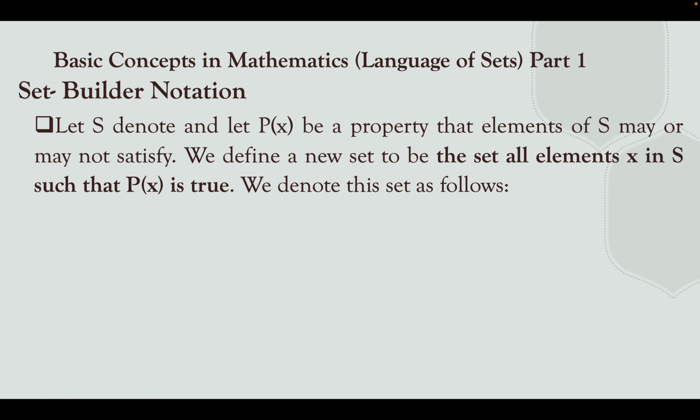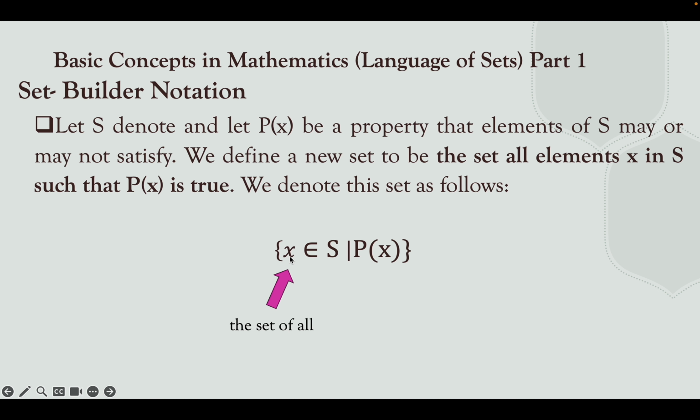So we have here, let S denote a set and let P of X be a property that an element of S may or may not satisfy. So we define a new set to be the set of all elements X in S such that P of X is true. So when we write the set builder notation, we use this one.